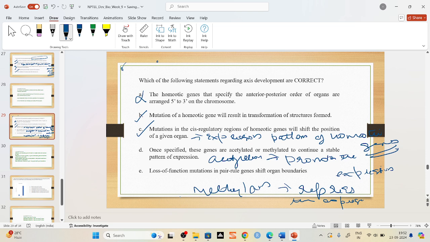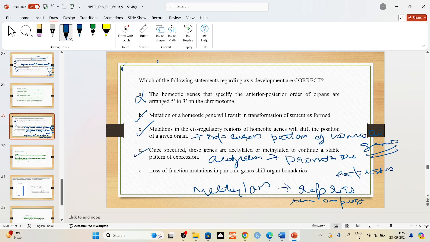Okay. So the option says once specified, these genes are acetylated or methylated to continue a stable expression pattern. Yes, because these epigenetic modifications, acetylation or methylation, help in promoting the stable pattern of gene expression.